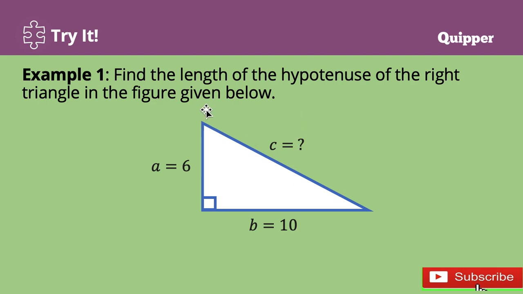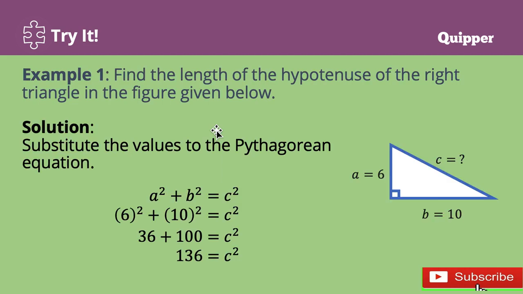So since we are to find the hypotenuse and the given triangle is a right triangle, we are going to use the Pythagorean theorem. Okay, so the formula for the Pythagorean theorem is a squared plus b squared is equal to c squared. Our a is 6 and b is 10.